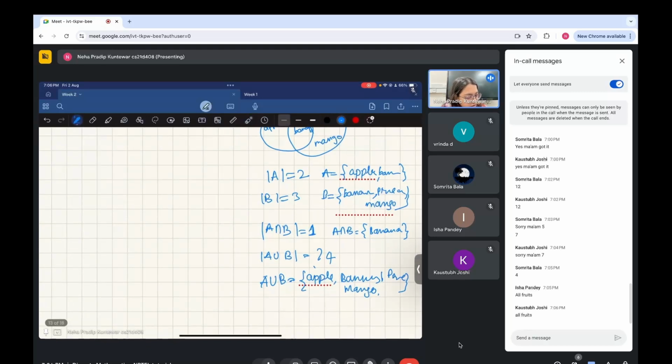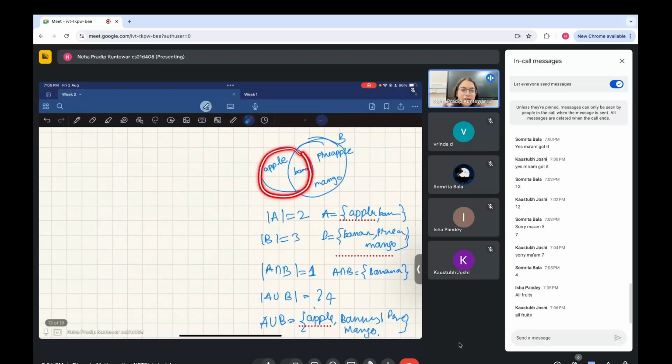So let's write this very clearly. The set A consists of apple and banana. The set B consists of pineapple, banana, and mango.